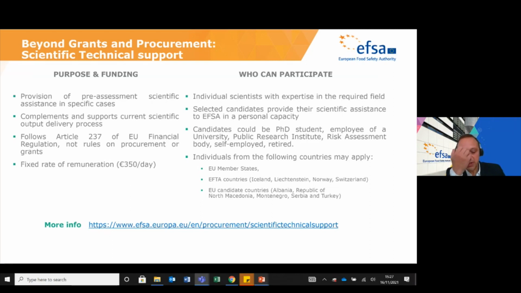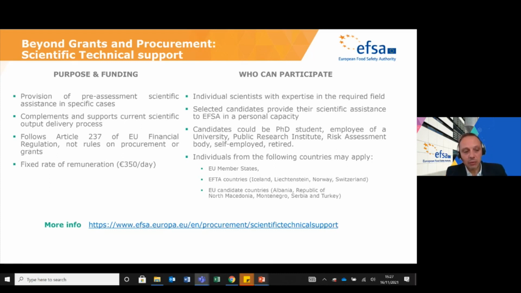The selected candidates will then be called to provide their expertise in their personal capacity. So they could be PhD students, they can work for a research organization or university or another type of organization. They can be retired or self-employed, and they will apply in their own personal capacity.